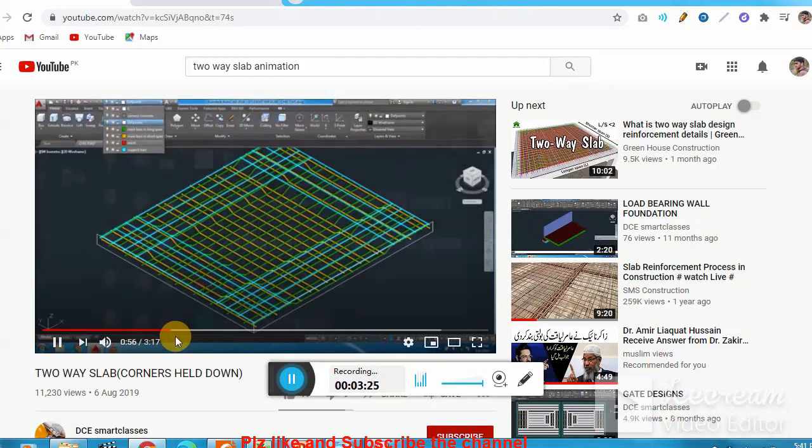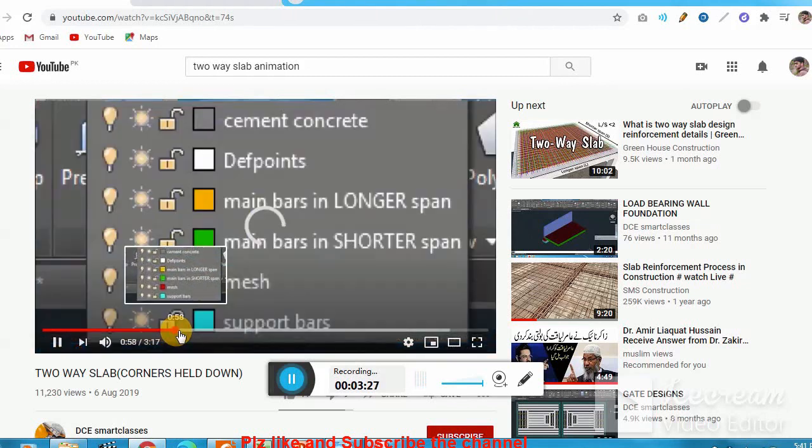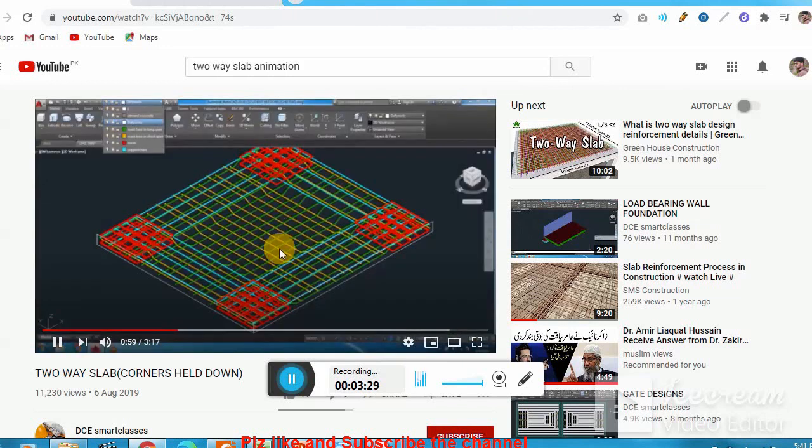And the next one is the red bars, in both directions. You see them on top of the slab and on the bottom side of the slab. These are the torsional reinforcement and they are provided on both sides by L, the maximum larger side, divided by 5. You see clearly.